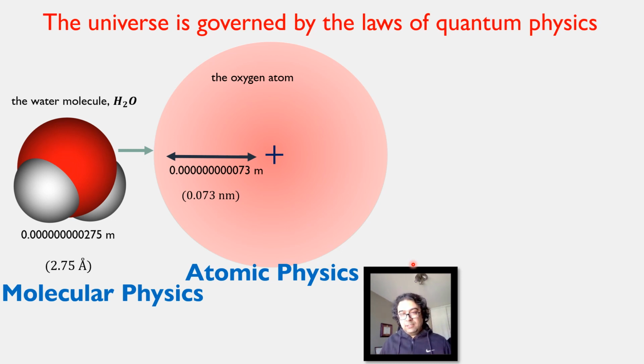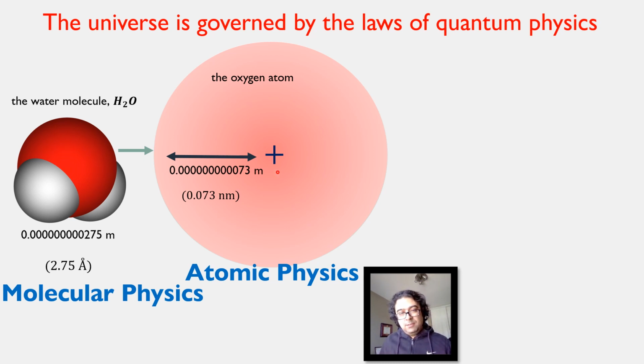It's a probability cloud, meaning that there is a certain probability to find electrons in this region. And right at the center of the atom, there's a highly dense, compact piece of matter, which we call the nucleus. Here I show it by a positive symbol because we know that nuclei are made out of positive charges.